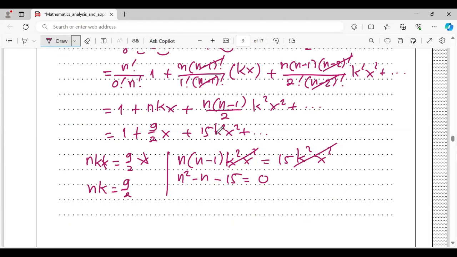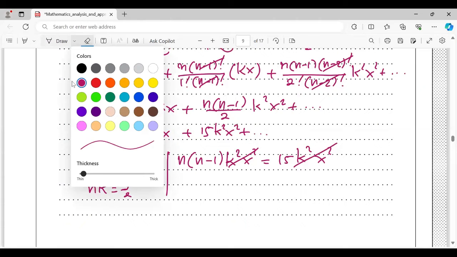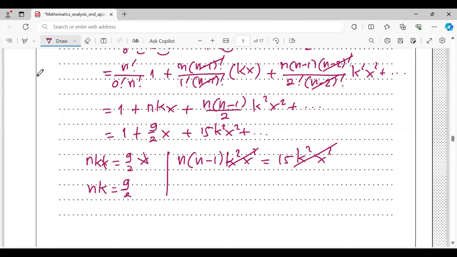Over 2 here, over n over 2, sorry. Supposed to be like this. Over 2 here. Okay. So 2 times 15 becomes n squared minus n equals 30. So n squared minus n minus 30 equals 0.